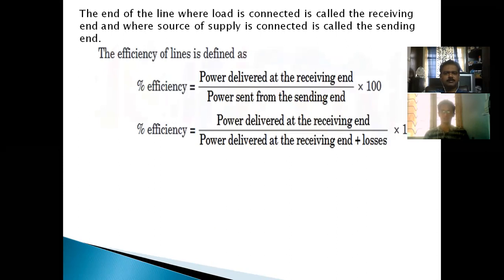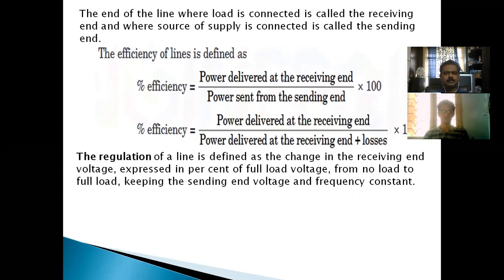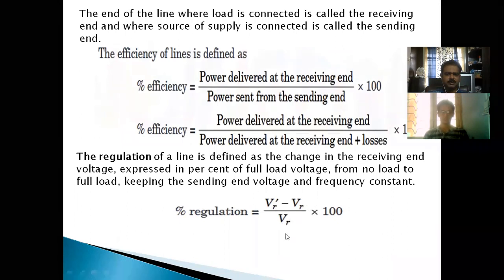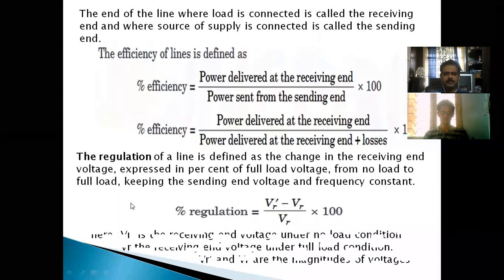Regulation is nothing but no load minus full load value divided by full load value, into 100, the mathematical expression. Otherwise, it is the change in voltage at the load terminals from no load to full load, divided by the full load value. This is what we have seen in the last class.